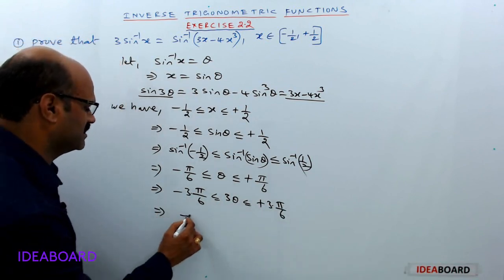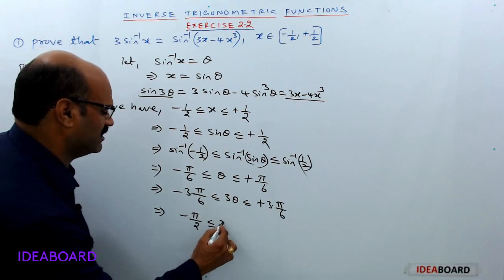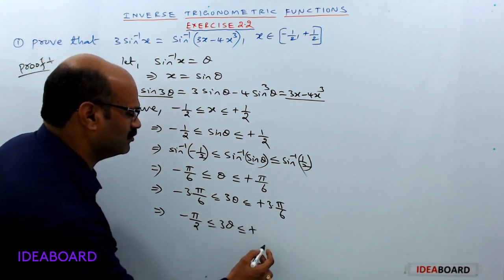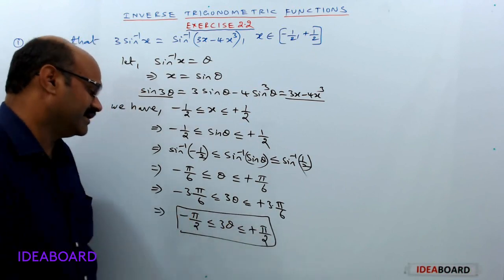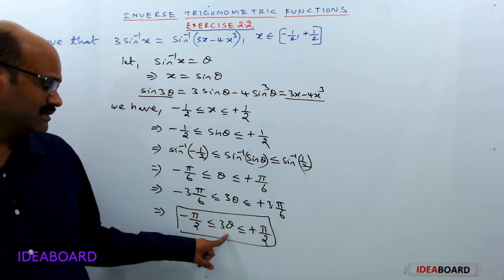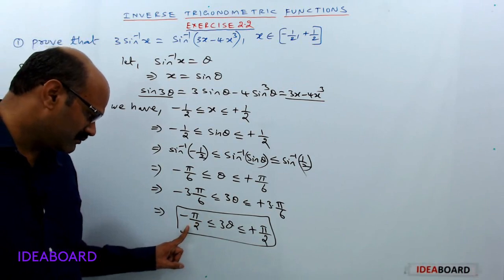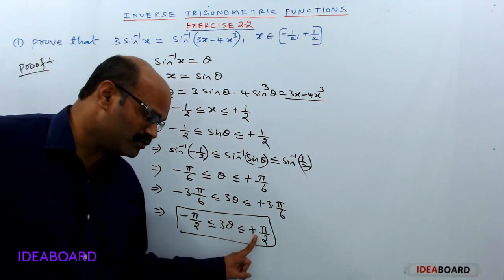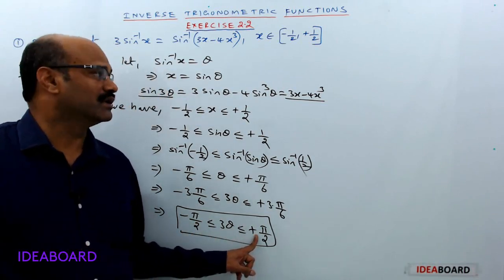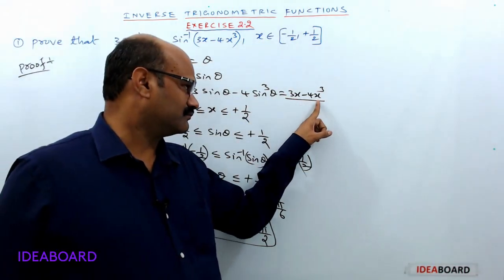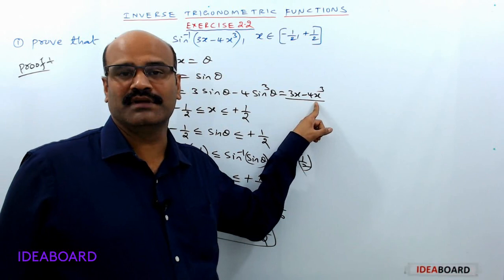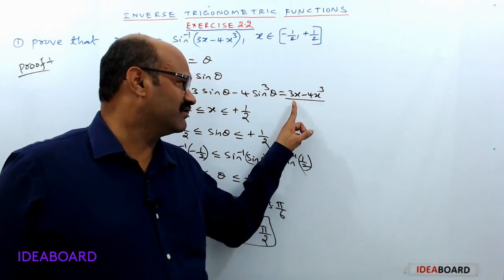So it becomes minus pi by 2 less than or equal to 3 theta less than or equal to plus pi by 2. Clearly 3 theta lies in the closed interval minus pi by 2 to plus pi by 2.